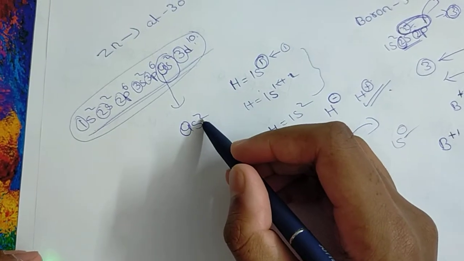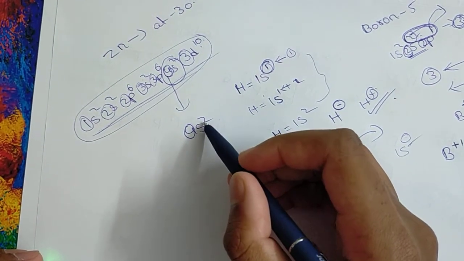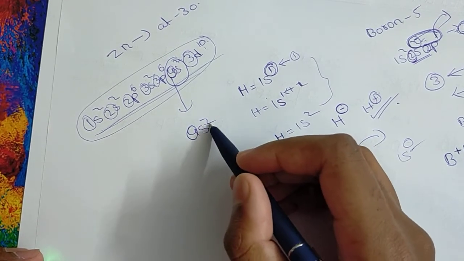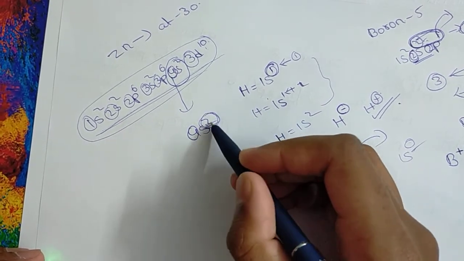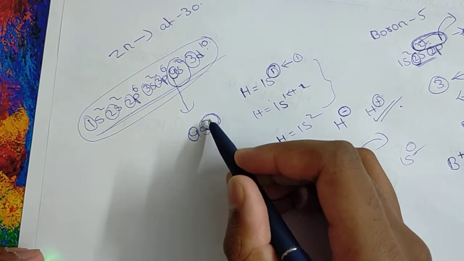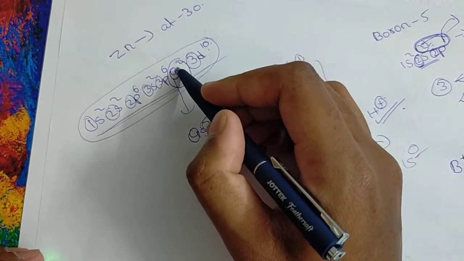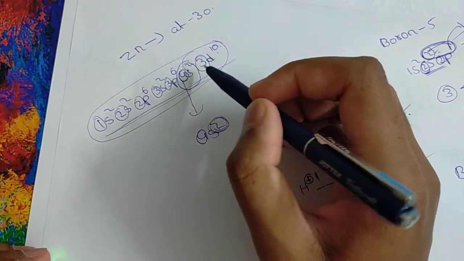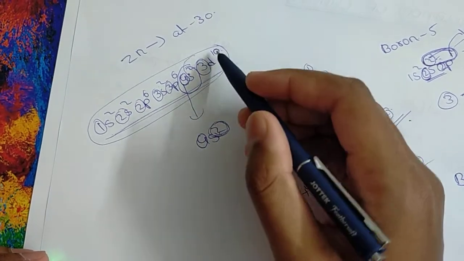So let's find the total number of electrons present in the valence shell: 2 electrons. If we donate these 2 electrons, the total number of electrons present in the zinc atom will be 18.